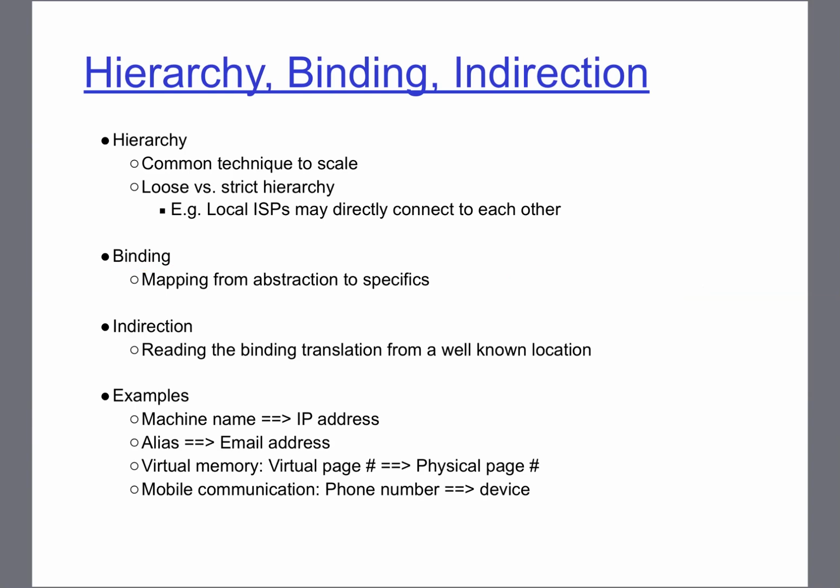Now, a very closely related idea is that of indirection, meaning that if I want to access a resource, and I know its name, then how do I find it?